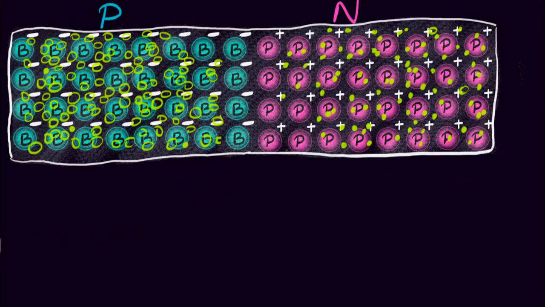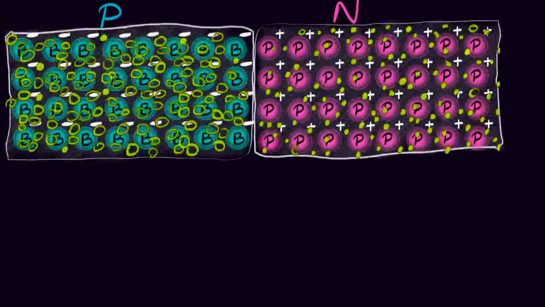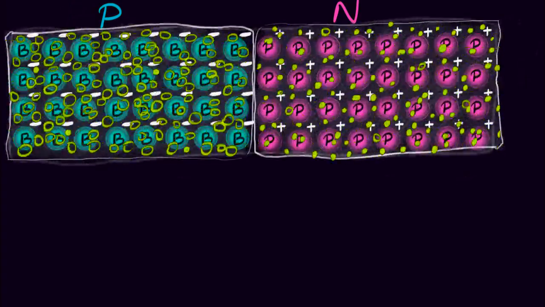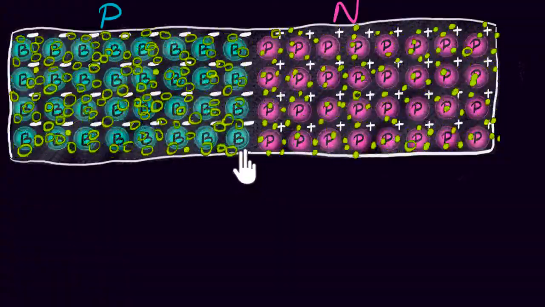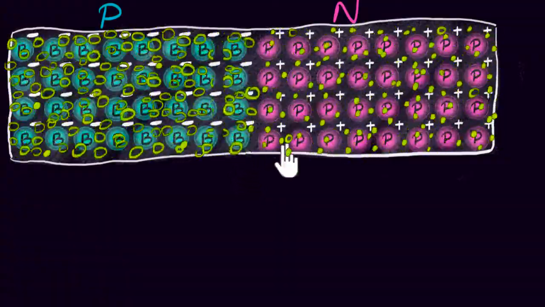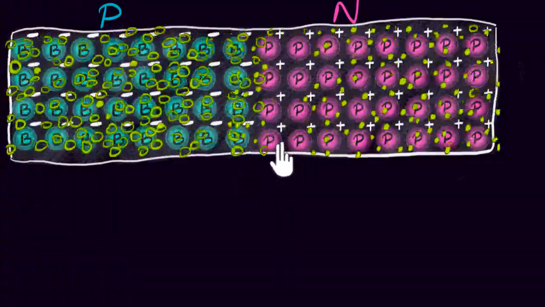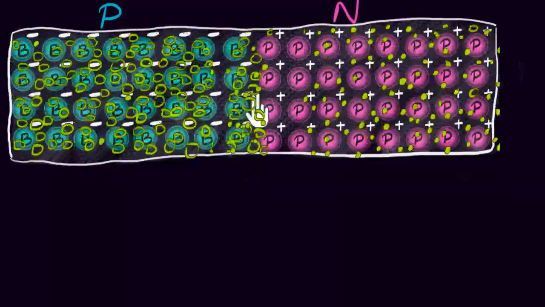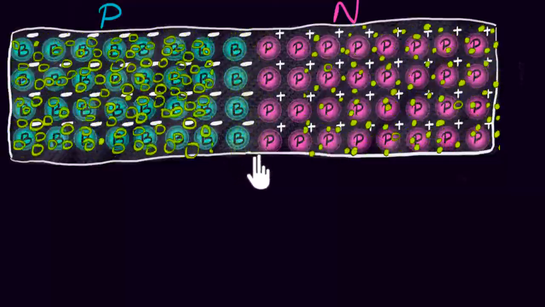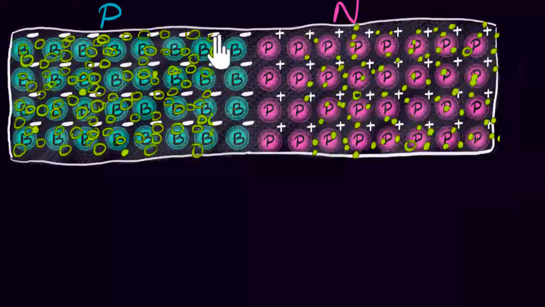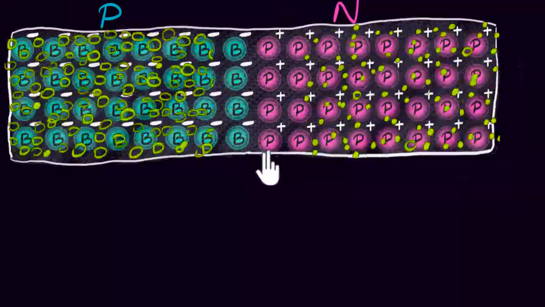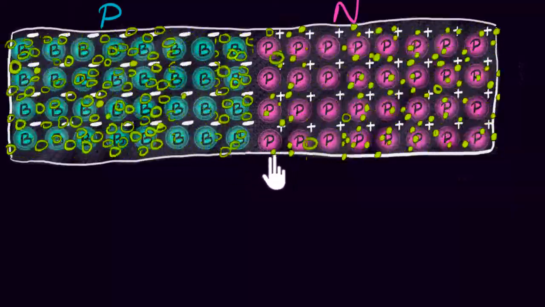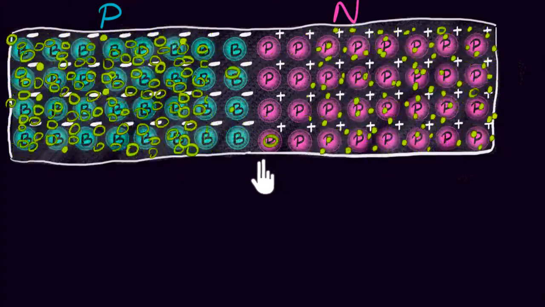So let's quickly summarize. When the p-n junction just gets formed, majority charge carriers start diffusing. The holes start diffusing into the n, the electrons start diffusing into the p, and as a result, they start recombining and destroying each other, and they expose the charge on the impurity ions. This starts acting like a barrier which slows down diffusion, but diffusion still continues.